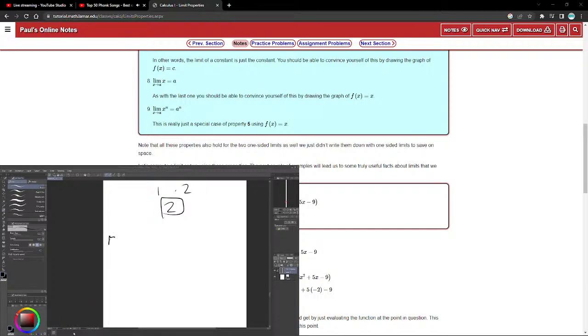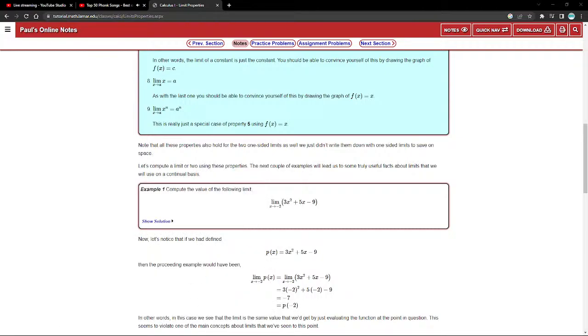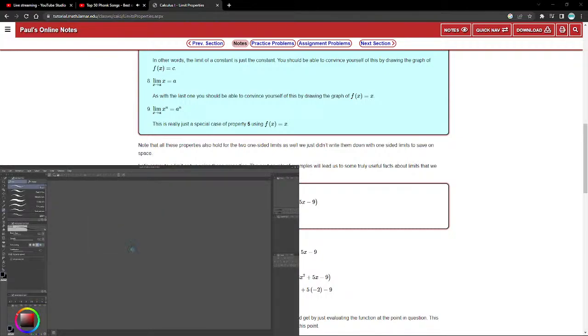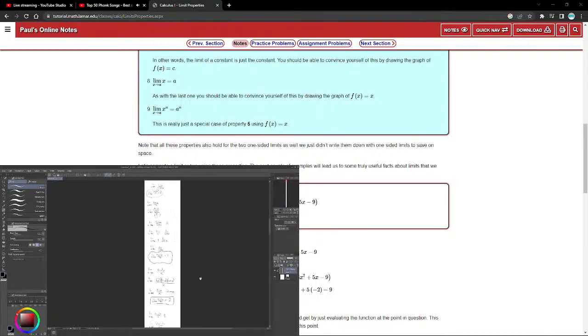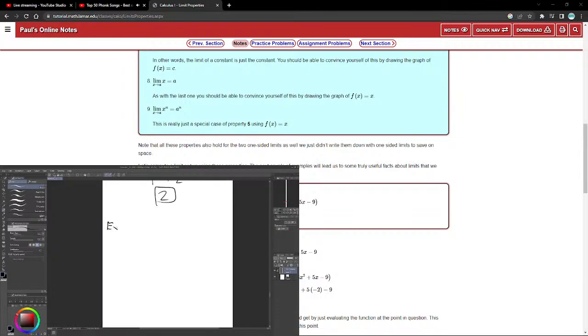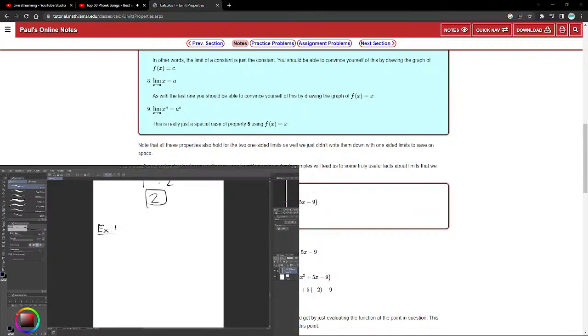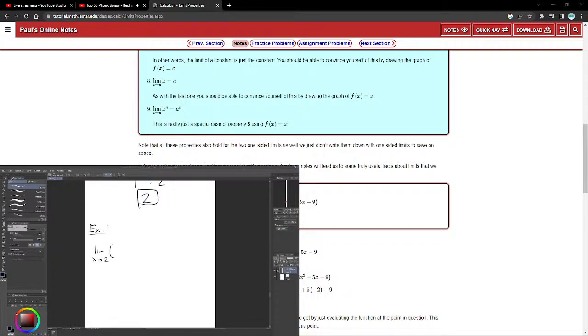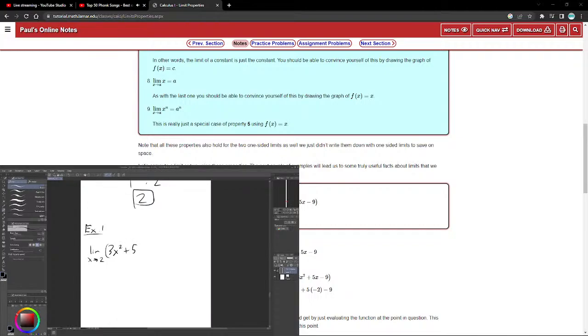Compute the following limit. Okay. We've got 3x squared plus 5x minus 9.